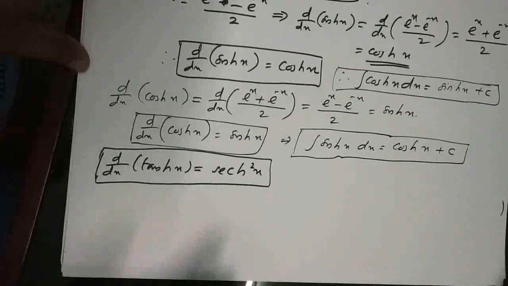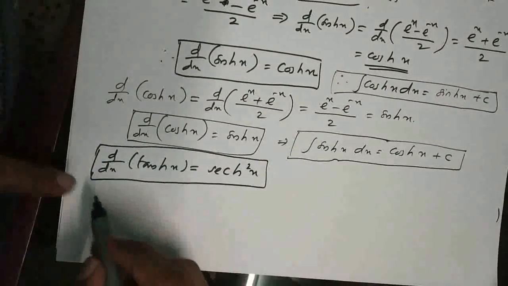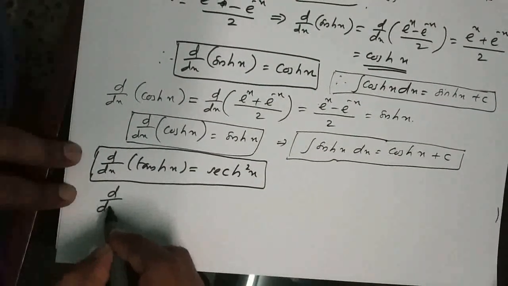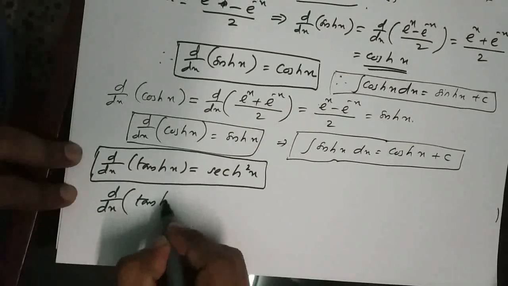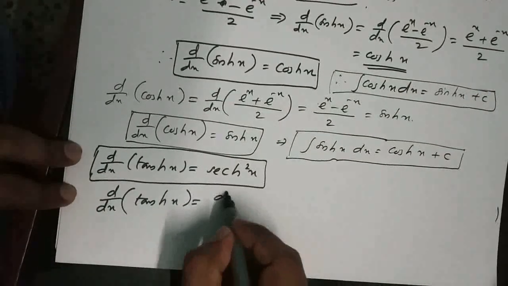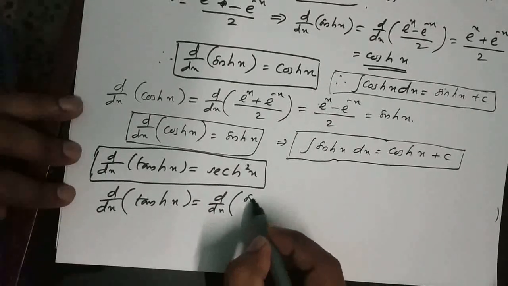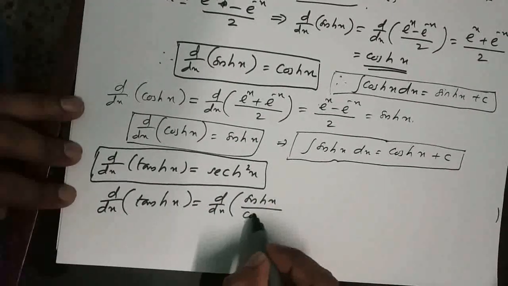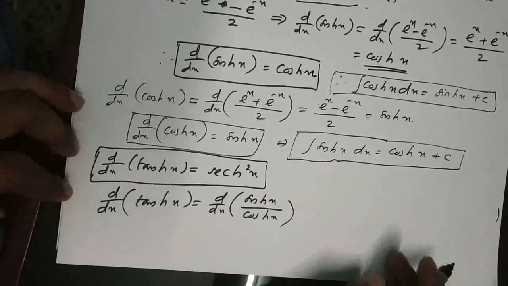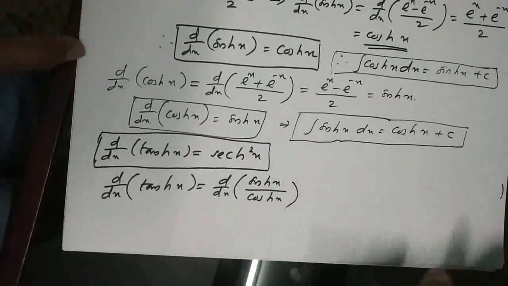So how to prove this? d by dx of tanh x is equal to d by dx of sinh x divided by cosh x, since tanh x can be written as sinh x divided by cosh x. So we can prove this by using the quotient rule.